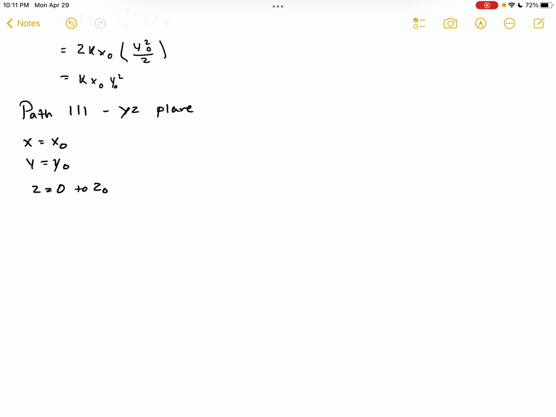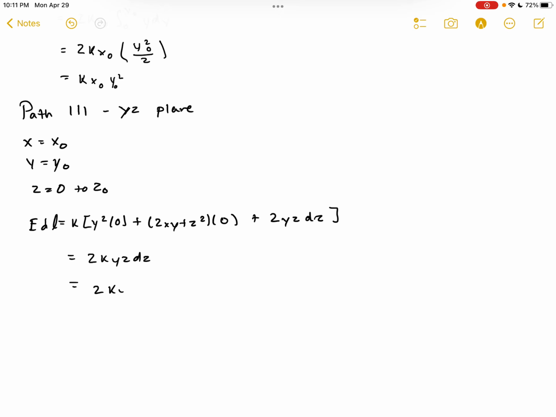So we substitute those into our equation, and we get E dl is equal to k times y squared times 0 plus 2xy plus z squared times 0 plus 2yz dz. And that's equal to 2k y naught z dz.